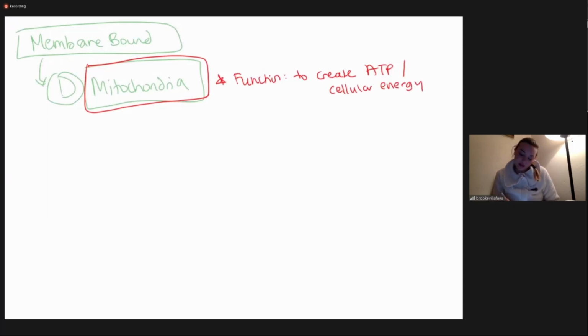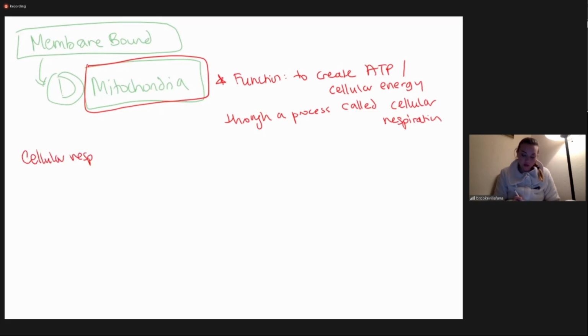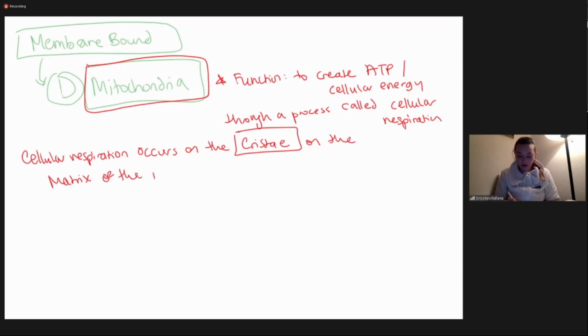And it does this through a process called cellular respiration. Okay. Cellular respiration, again, is creating our cellular energy. This occurs on the crista on the matrix of the mitochondria.